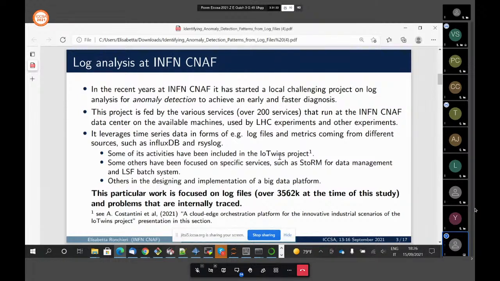The work performed in this study is based on log files and the problems that are stored in these files. So far, we have considered more than 3 million logs over a long period of time.